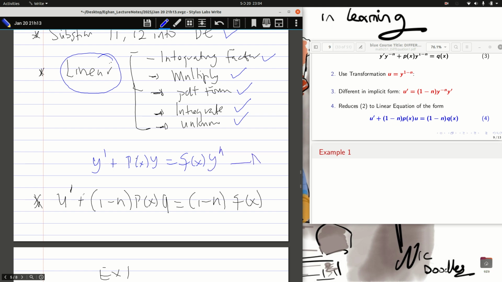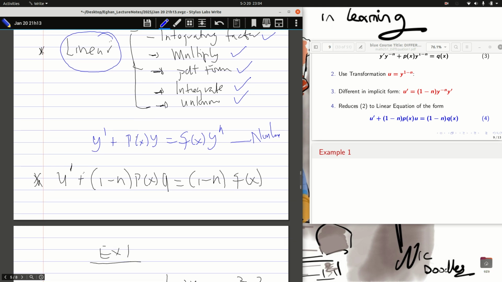You know this is nonlinear, right? If you want to linearize it, because we were using u equal to y to the 1 minus n, you want to just use this form here, and that's what I have here. So you take u prime, 1 minus n multiplying whatever you have left, 1 minus n multiplying your k of x term, and this will give you the linear form.